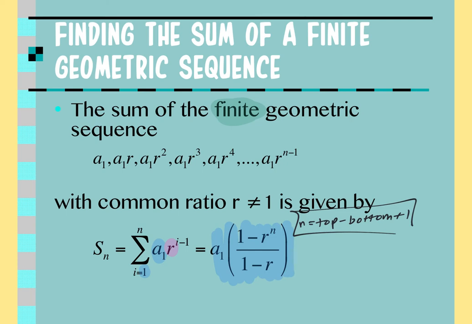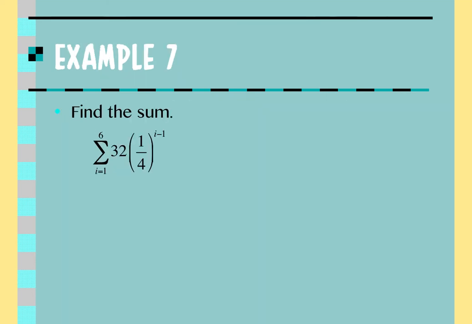So now we're on what formula? 4, right? So a sub n is the sum for arithmetic, and this is the finite sum for geometric. All right, so it says find the sum. I know this is geometric because there's a base being raised to a power.